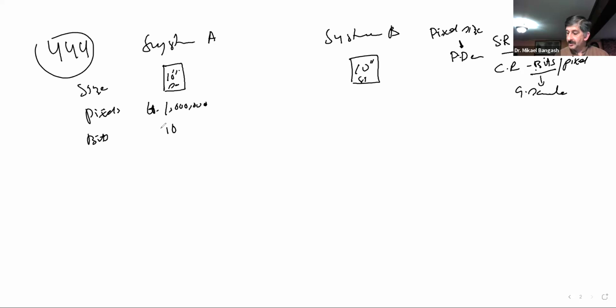Whereas system B has 250,000 pixels, with 12 bits assigned to each pixel. Which system is most likely going to have the capability to display a very detailed image?